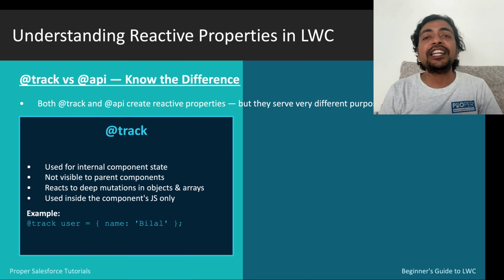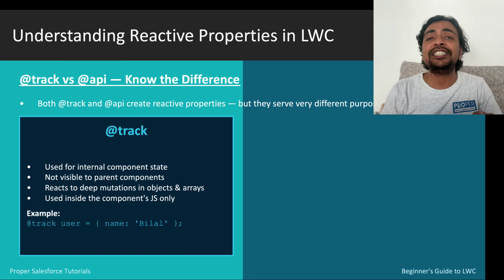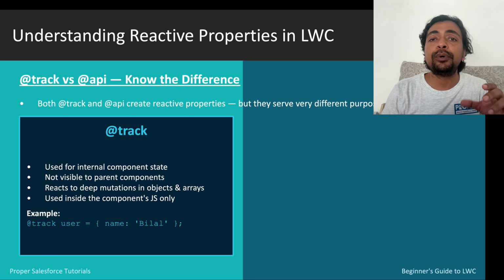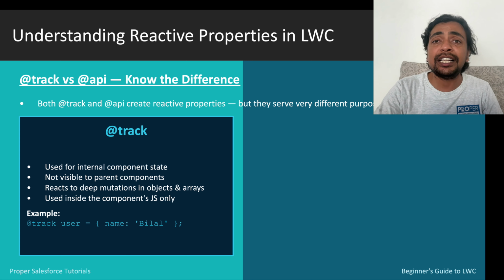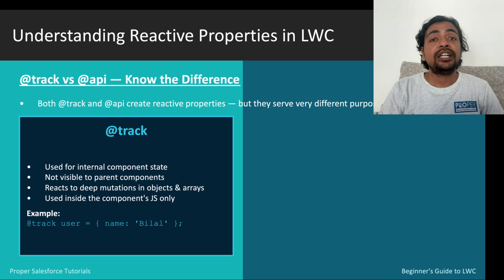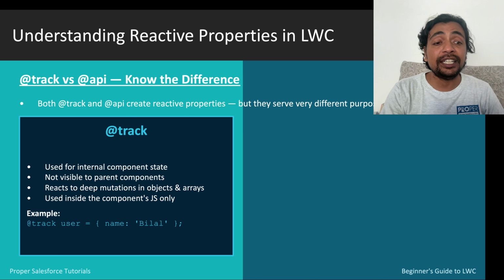In LWC, we can have one component inside another component, where the inside component is the child component and the outermost component is the parent component. But if we are using @track, it won't be visible to the parent. It will be visible to that component itself. It reacts to deep mutations in objects and arrays, and it is used inside the component's JS only. And I have shown you how you can do that.